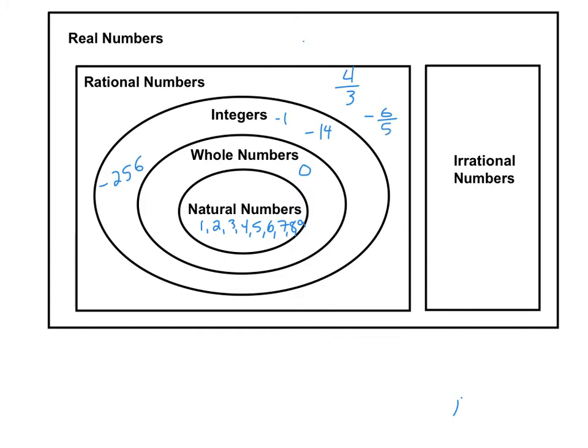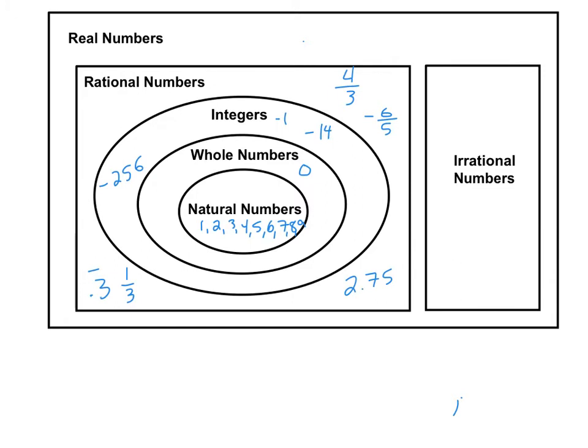We could also do something like 2.75. That could be turned into a nice clean fraction. We could also do something like 0.3 repeating. The reason we could do that is if we think about that, one could be 1/3. So these are things that could be in our rational numbers.